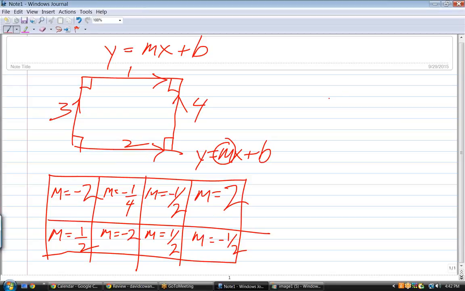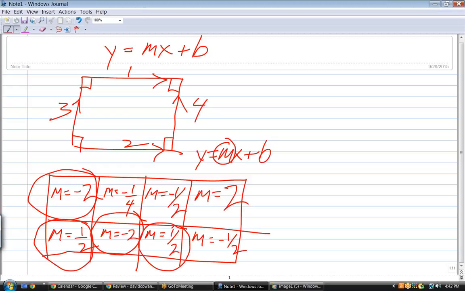In other words, a negative 2 doesn't go with a negative 1/2. Those are not perpendicular. But I do have a negative 2 there, a negative 2 there. What's the perpendicular to negative 2? 1/2. I have a 1/2 there, I have a 1/2 there. Those 4 lines should form a rectangle.